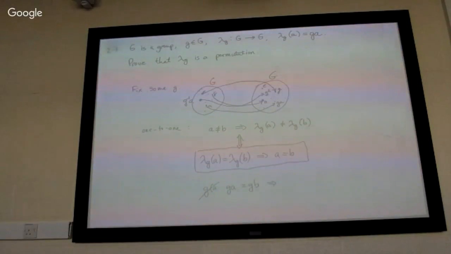So when you multiply by g inverse from the left, you get the same element. So g inverse ga must be g inverse gb. If you calculate it, you get that a equals b, and that's one-to-one. So now you just need to write it up nicely and submit it to me.